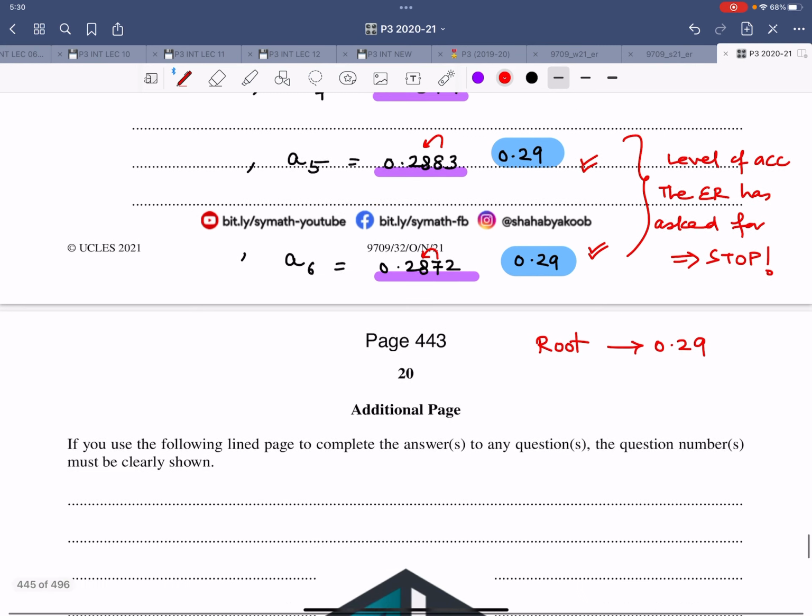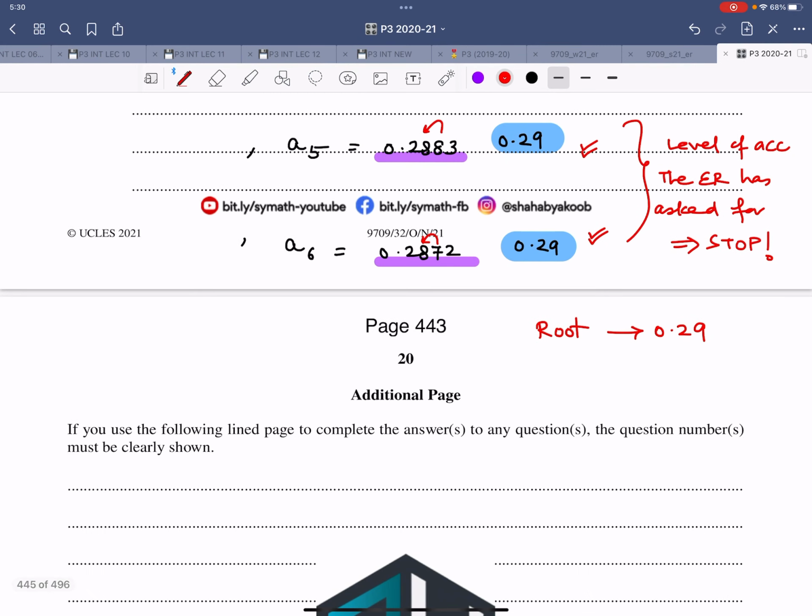Now what happens if I coincidentally, or just in a hurry, calculated one more value, A7? If I plug in 0.2872, my answer is coming out to be 0.2875. So that is my value in 4 decimal places.